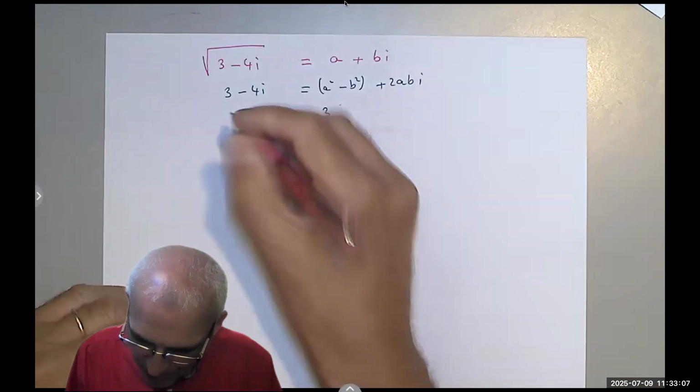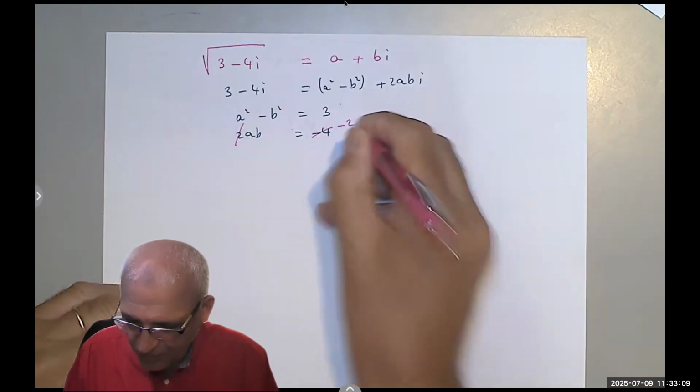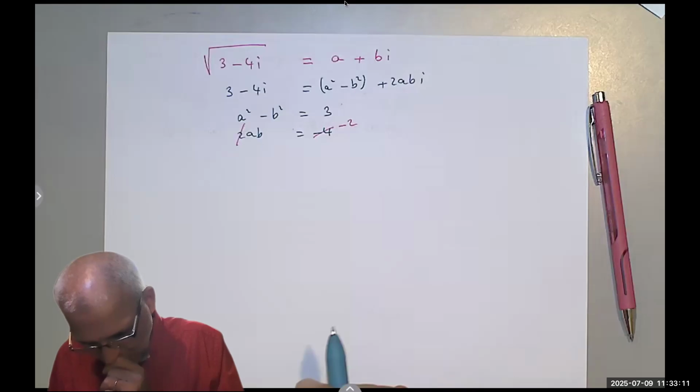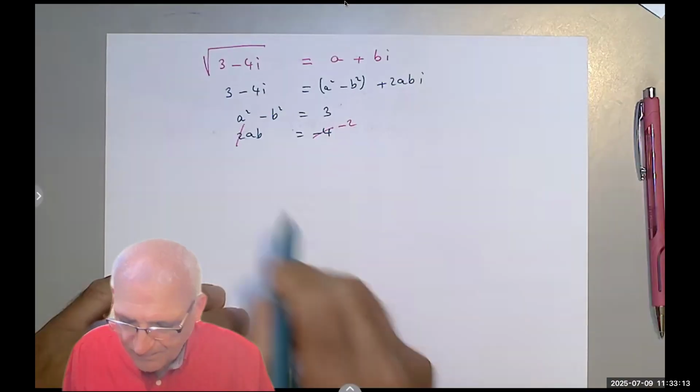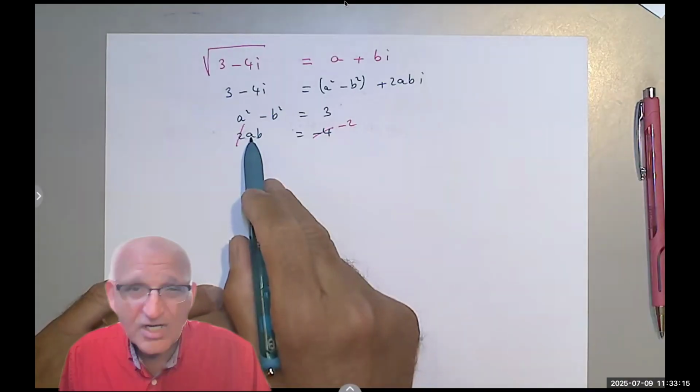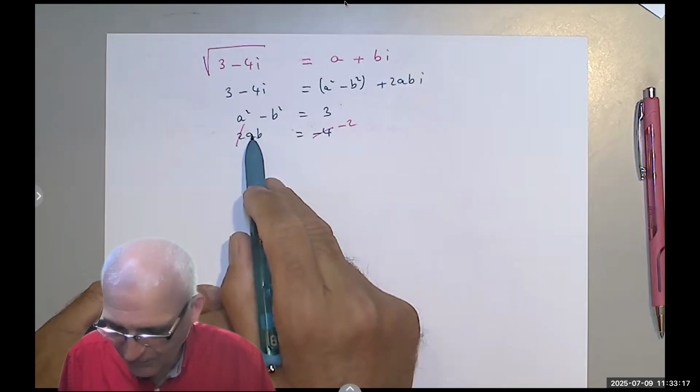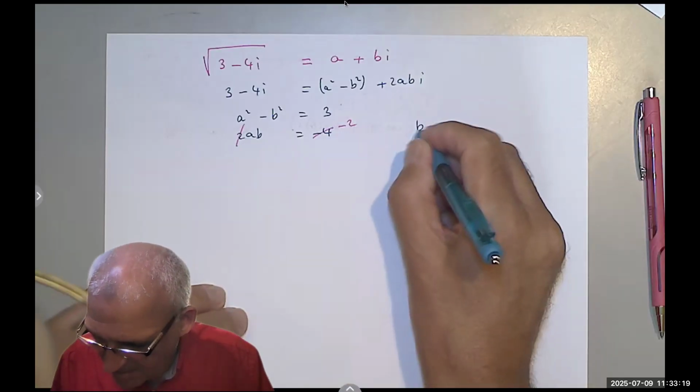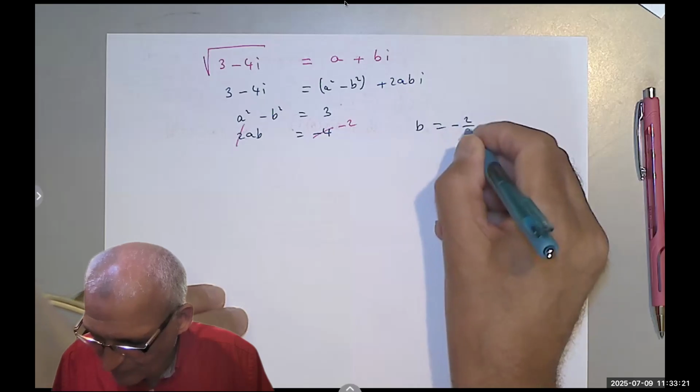Dividing by 2, this would be negative 2. So now I have ab, so I can use substitution. For example, I can say instead of b, I write it as negative 2 over a.